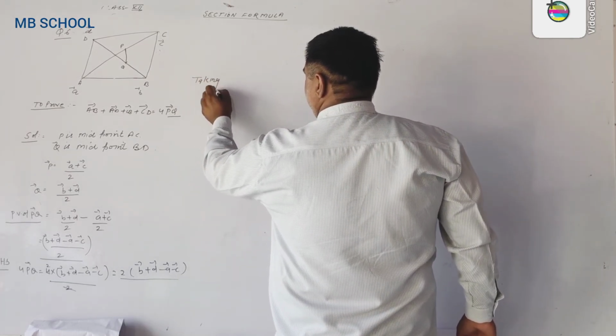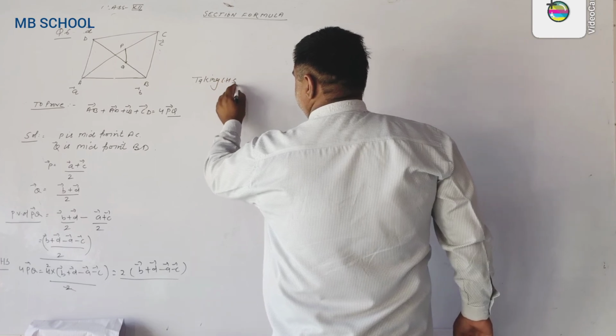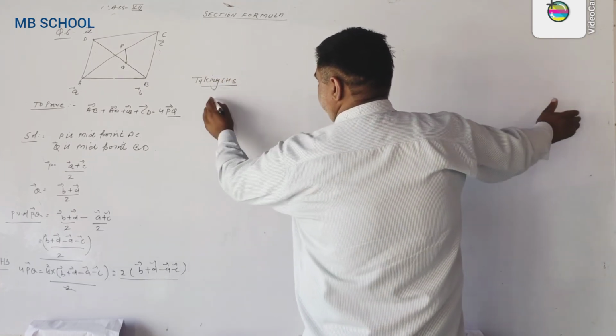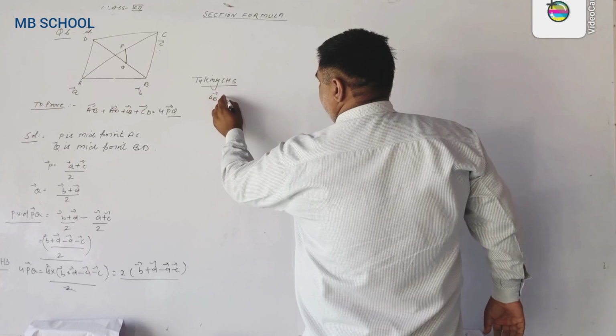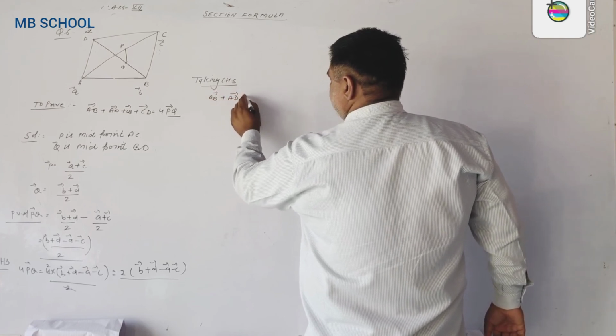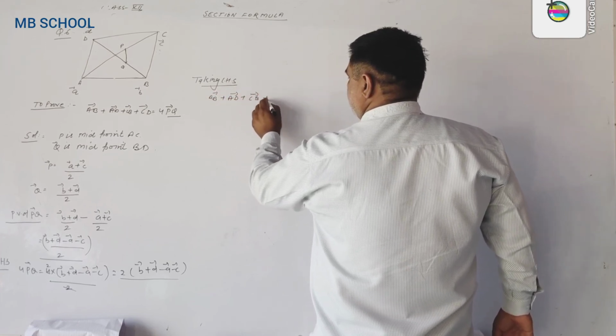Now we take the LHS. Left hand side, we have to find AB plus AD plus CB plus CD.